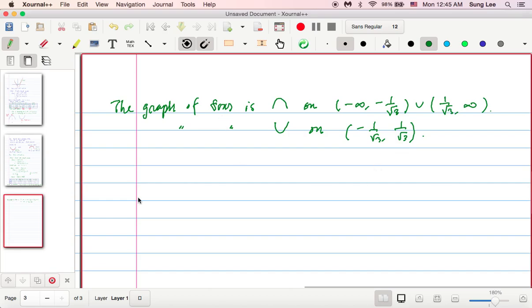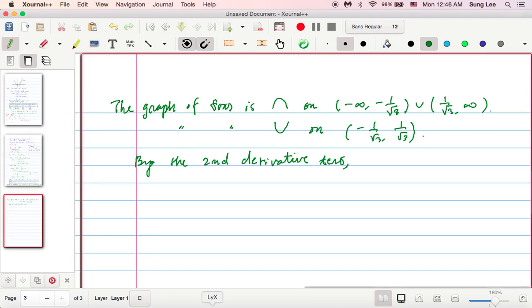And finally, by the second derivative test, we can also find that.